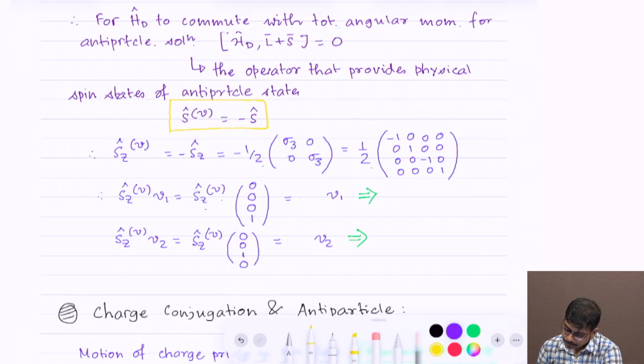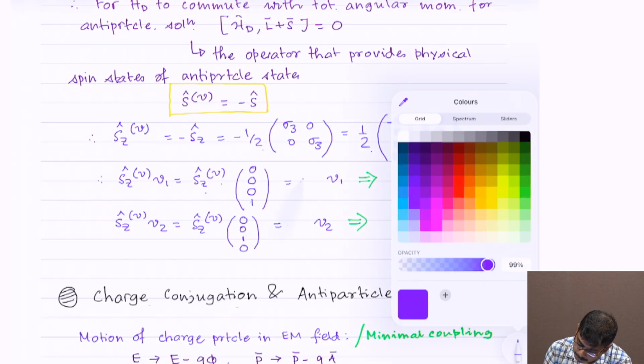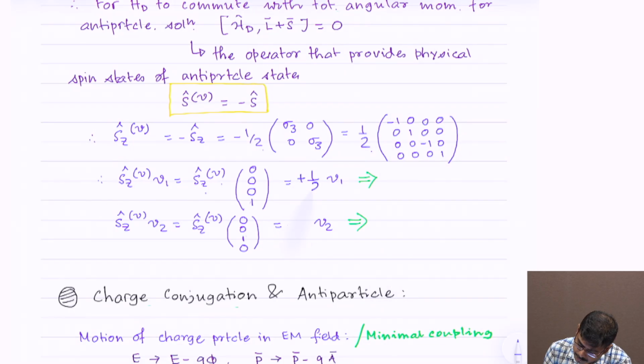Can you tell me? If you look into the Sz matrix, this is going to give you plus half V1, right. So, this is going to give you a spin up solution.